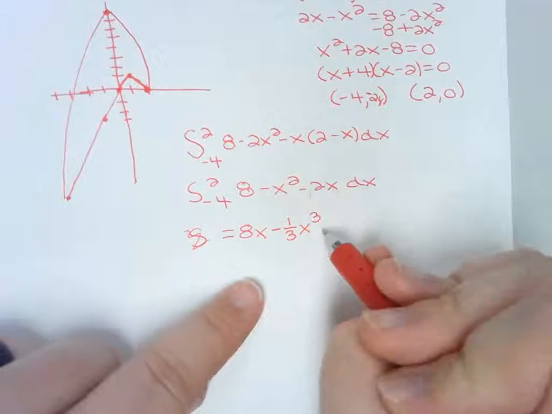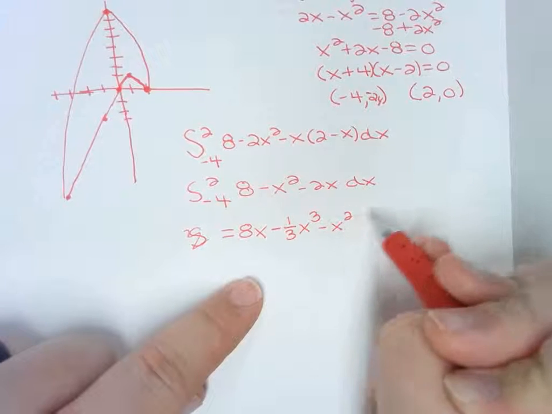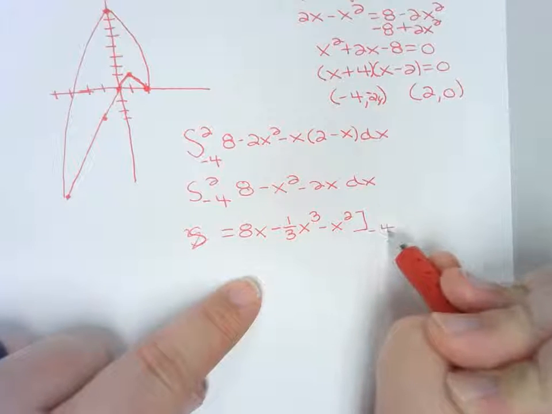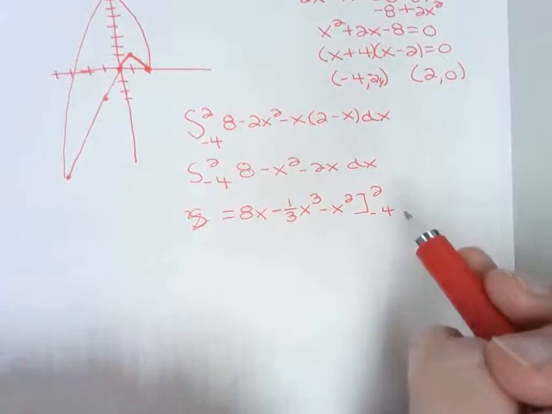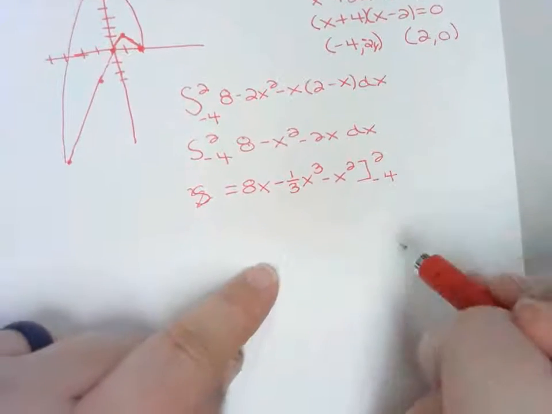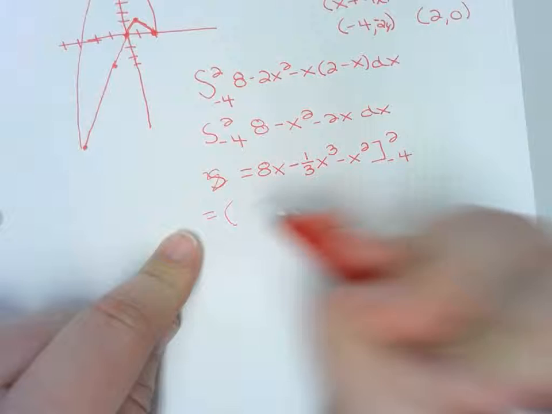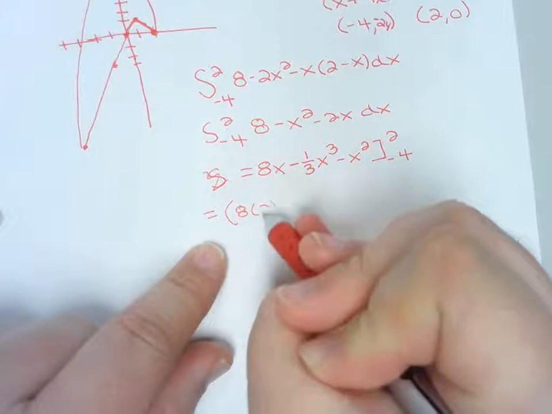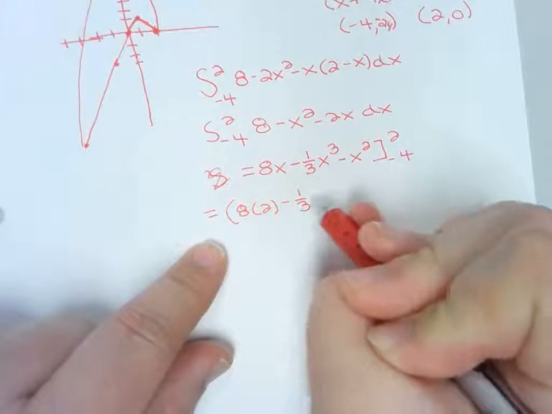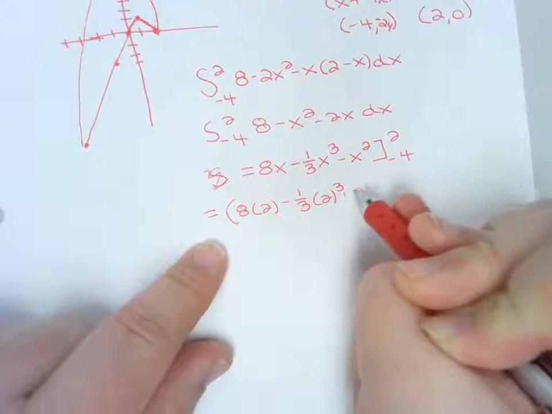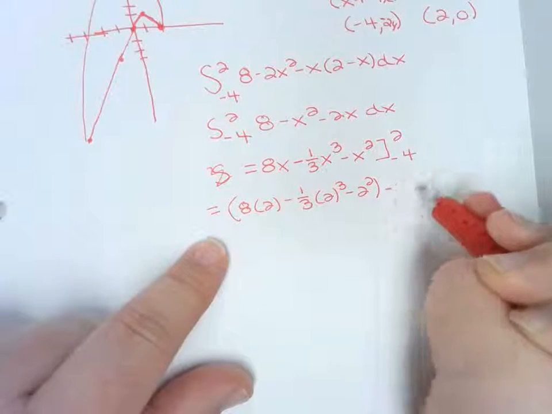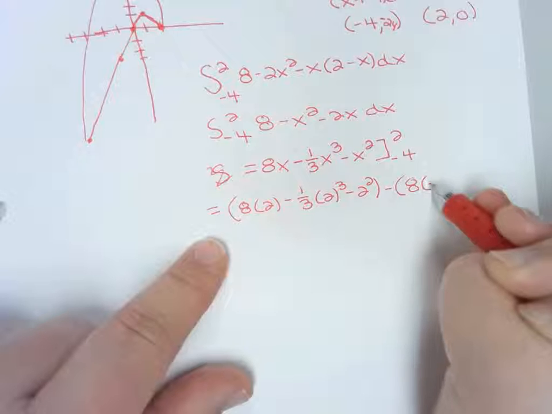Integral of negative 2x is negative x squared. Evaluate it from -4 to 2. So plug in 2. Plug in -4.